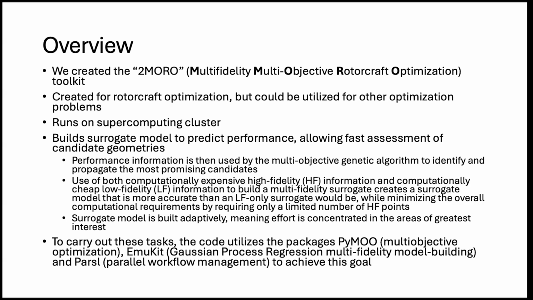So to carry all this out, we had to make use of a number of different packages. PyMu is the multi-objective optimization package. MuKit does Gaussian process regression. That's what builds our multi-fidelity surrogate model. And of course, the feature today, we use Parsl for parallel workflow management to help us gather the training data that we need.